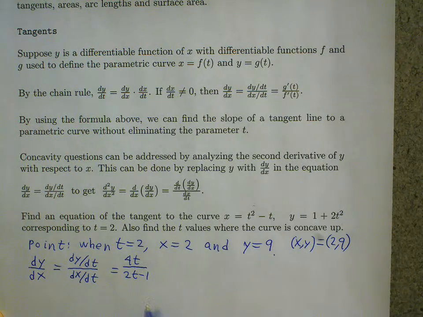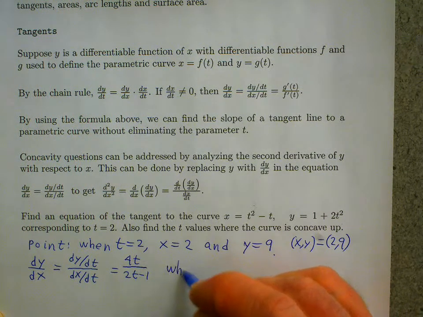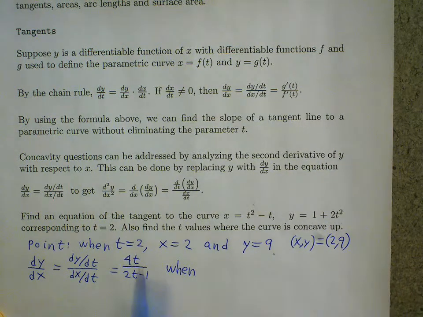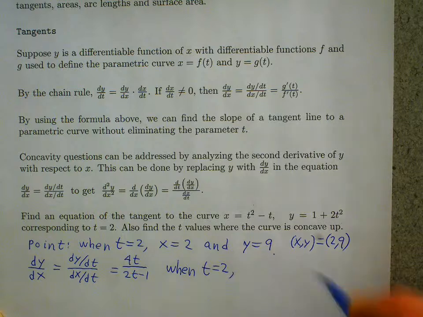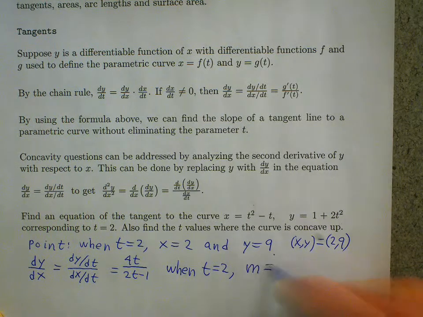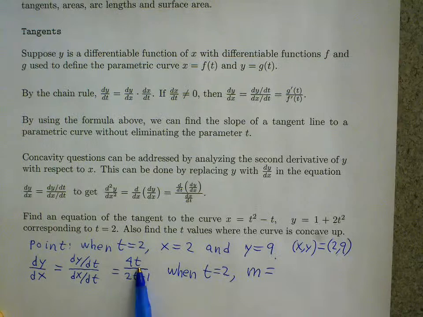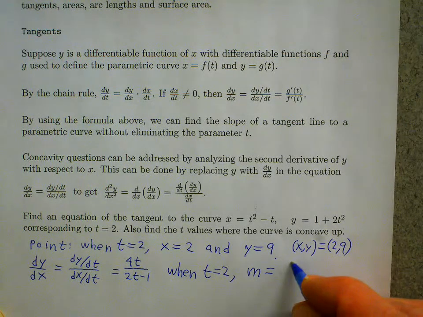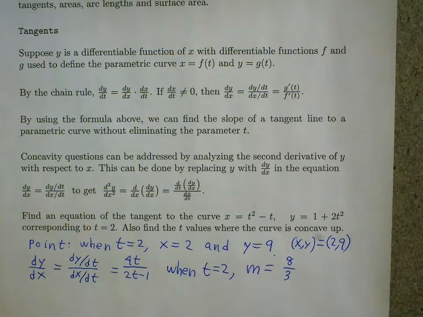And then the slope of the tangent line will be found for t equals 2. So when t equals 2, the slope of the line tangent to the curve, replace t with 2 in the derivative, we get 8 divided by 3. So the slope of the line is 8/3.